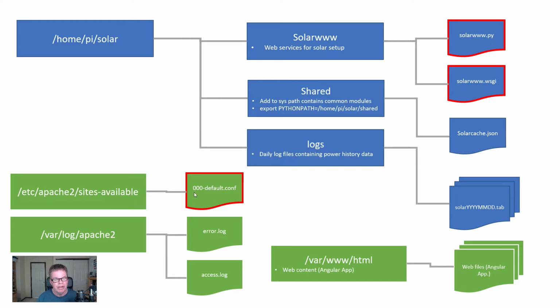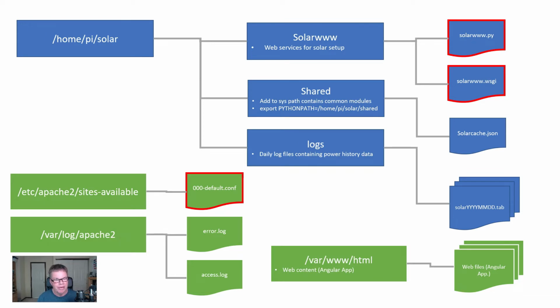There's already a file installed called 000-default.conf, and I decided just to modify that rather than make another one. We'll have a look at what that contains, but basically I'm adding the WSGI interface information into that, so Apache knows where to look to get over here to the WSGI interface and the web services in solarwww.